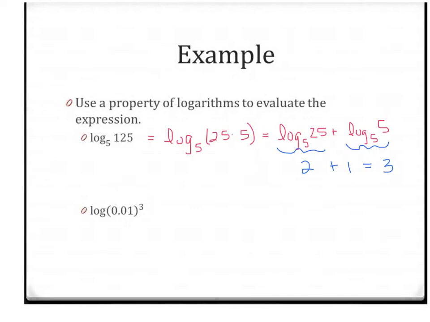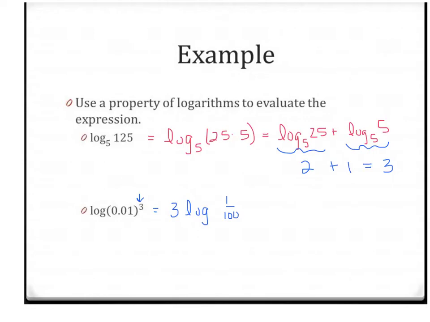Alright, so for the second one here, we can do several things. First of all, if there's an exponent, where does it go? It goes around to the front, so this is 3 log of 0.01. I find it easier to think about these in terms of fractions. So what fraction is 0.01? It's 1/100.